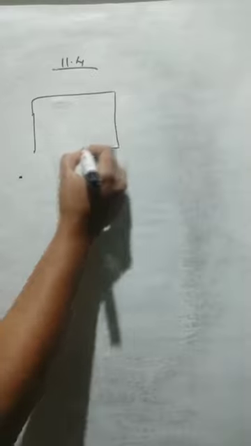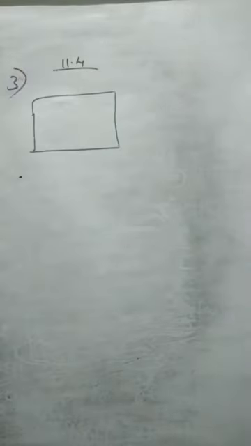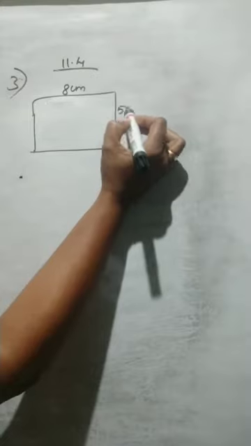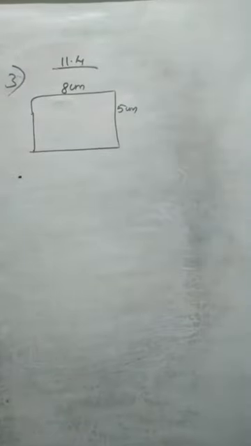Next question. A picture is painted on a cardboard. There is one cardboard, 8 centimeter long and 5 centimeter wide, such that there is a margin of 1.5 centimeter.